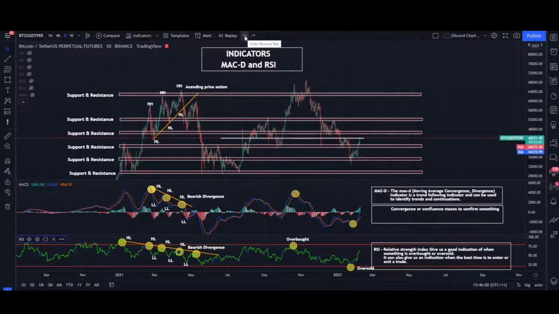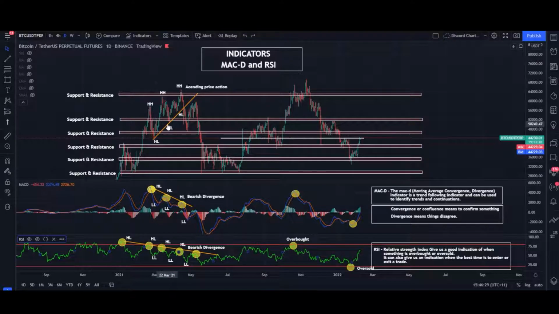So just to tell you, a convergence or a confluence basically means to confirm something. So if this was all trending to the upside, and that was trending to the upside, and this is trending to the upside, that would be a convergence or a confluence in the market. We have two indicators that are confirming that price action is going to keep going up and nothing's going to really stop it, until you have a divergence, meaning a disagreement in the market.